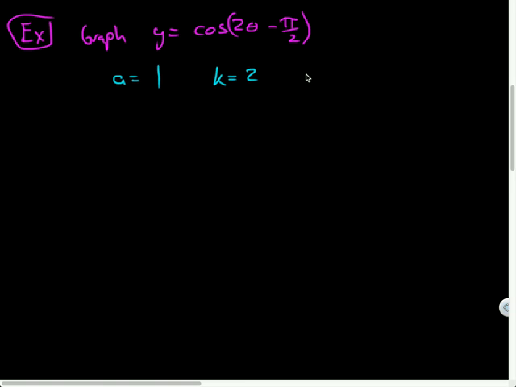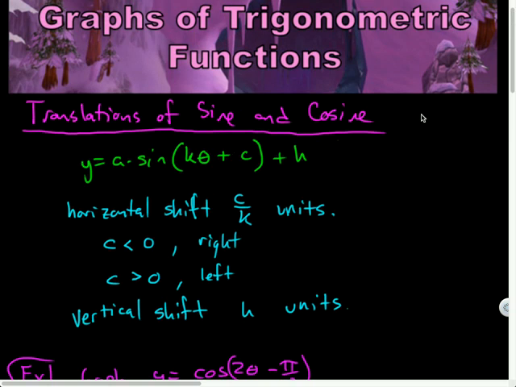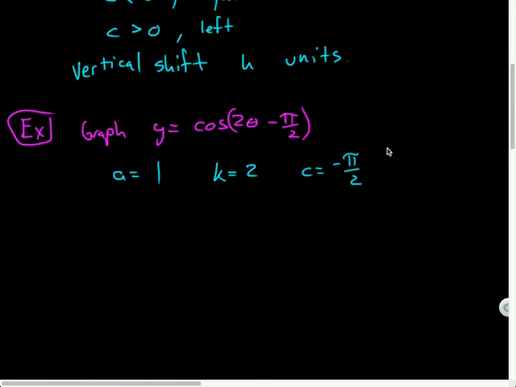What is C? Negative pi over 2. I could also define this as minus C here and then have C be positive, but it doesn't really matter. And what is H? H is 0, because of the plus 0 here.